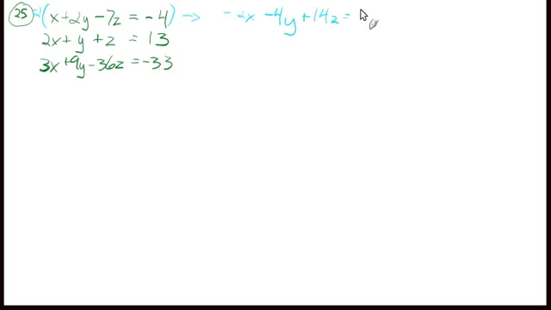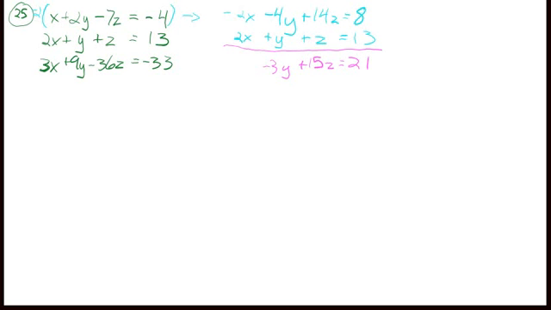This one will stay the same: 2x plus y plus z equals 13. And adding these together, we find our new second equation that we're going to replace our second equation with. Nothing, negative 3y plus 15z equals 21. That's our new second equation.